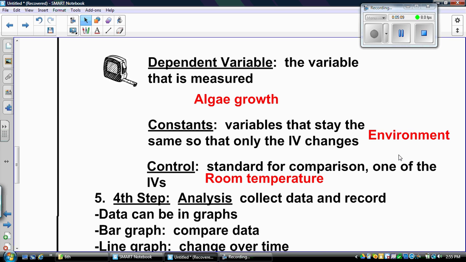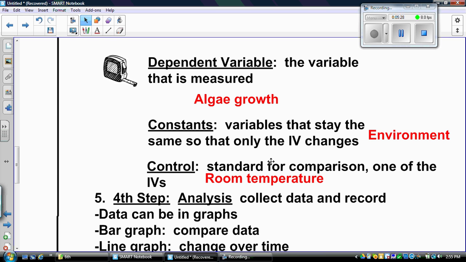Okay, so I would probably grow these algae in containers. I'd want to keep the containers the same, the amount of water, the amount of food the same, so that the only thing I change would be the temperature of the water. So constants are variables that you keep the same so that you only change the independent.